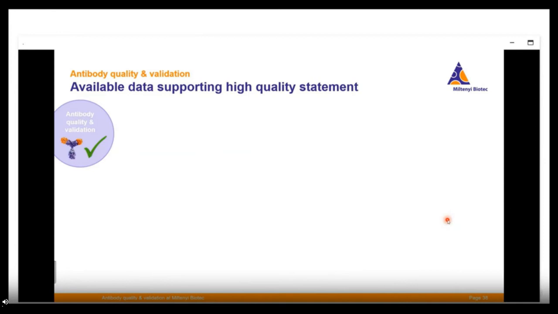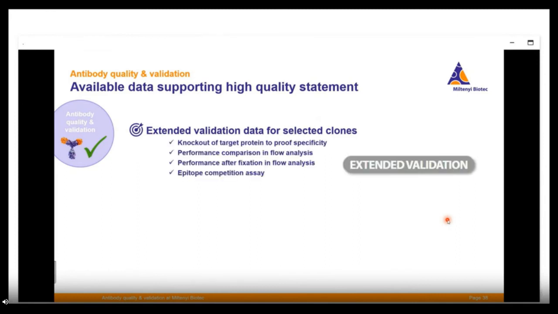So together with all this validation data, we are trying to offer you the extended validation of the selected clones that are very important and necessary for you to make sure that the performance is right.